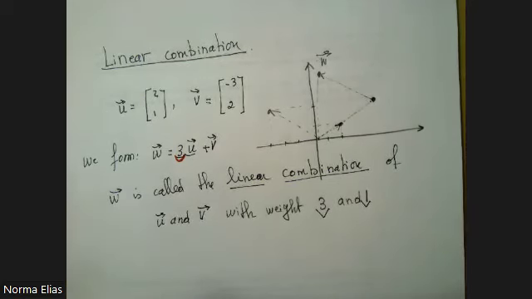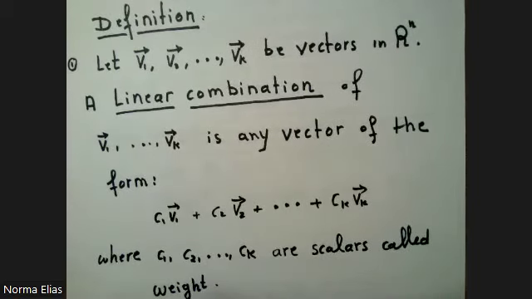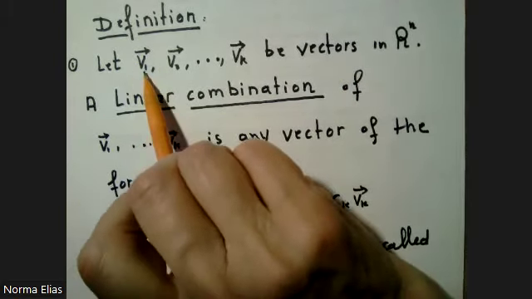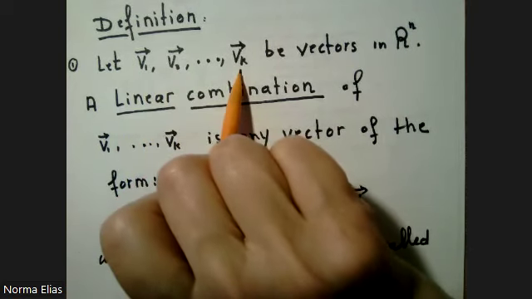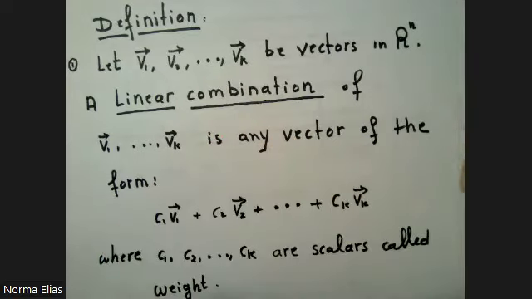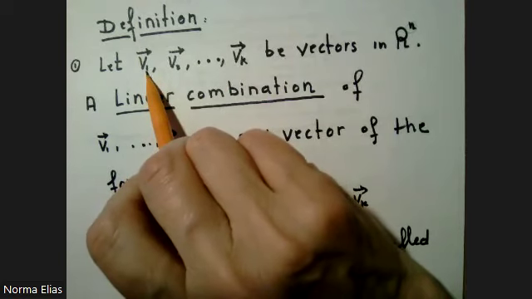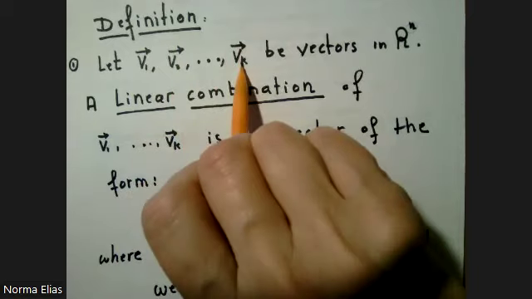So formally, what is a linear combination? Now I give you the linear combination definition in a very formal way. The definition will always be given in the most general situation. So definition, I read it slowly. Suppose v1, v2, ..., vk are vectors in Rn. So vectors in Rn means v1 has n components, v2 has n entries, vk has n entries.